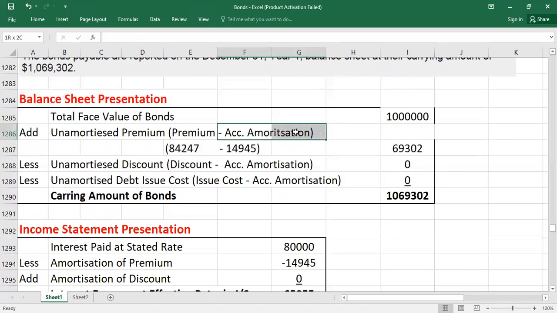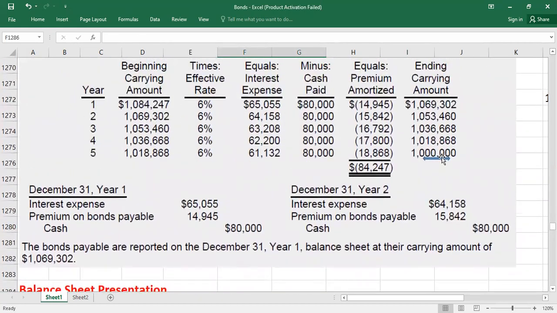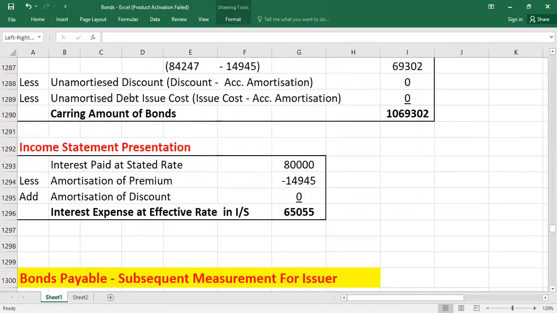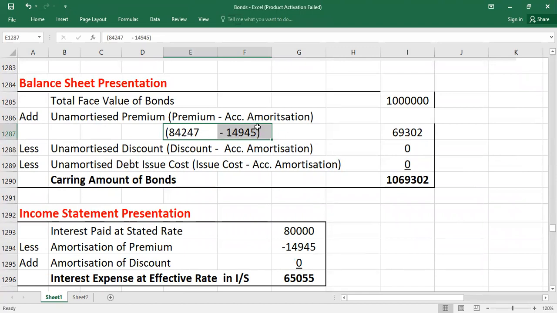Minus accumulated amortization, because we are in the first year, you take only year one amortization, which you can look from here: the first year amortization is $14,945. And you also recorded that entry. Simply, we have the total premium of 84,247 minus the accumulated amortization of the first year. This is how you will get the unamortized amount of premium.